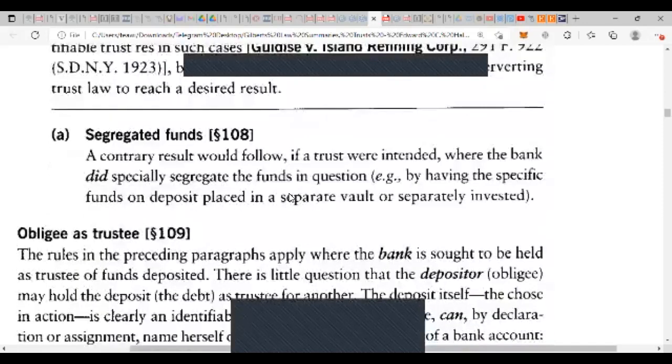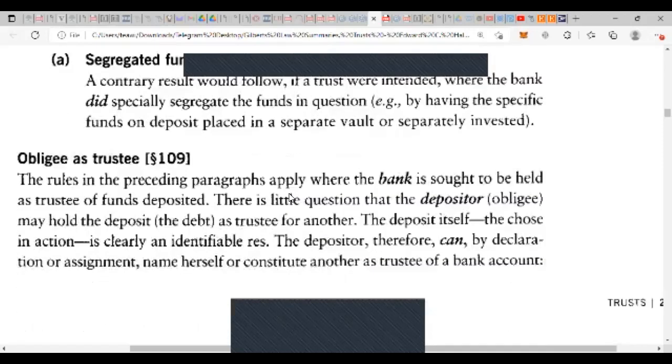A contrary result will follow if a trust were intended, where the bank did specially segregate the funds in question, such as by having the specific funds on deposit placed in a separate vault or separately invested. Obligee as trustee, Section 109. The rules in the preceding paragraphs apply where the bank is sought to be held as trustee of funds deposited.